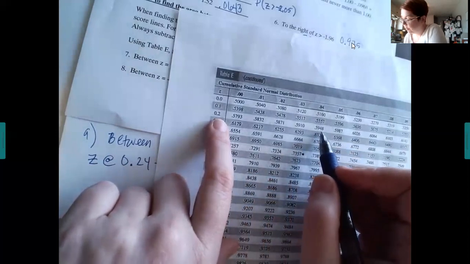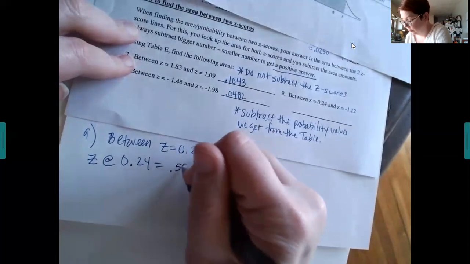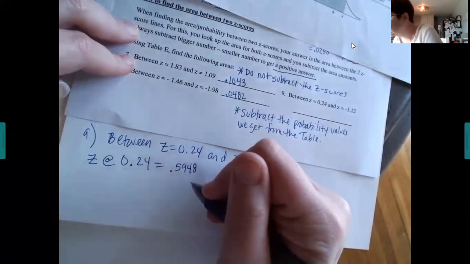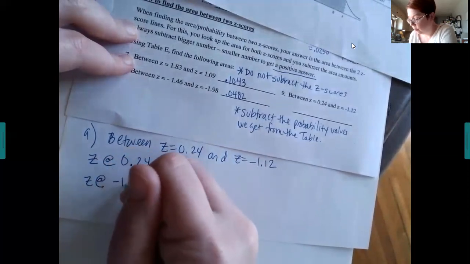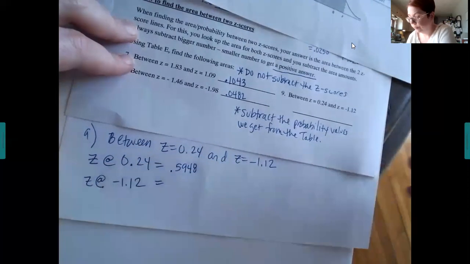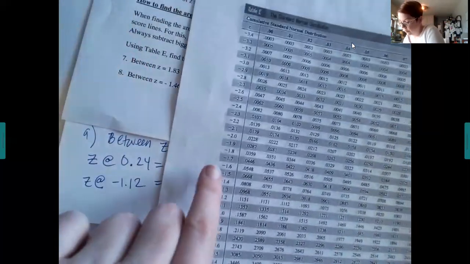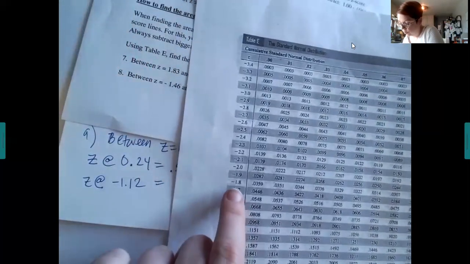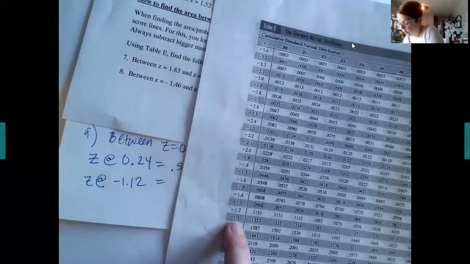So it looks like it's 0.5948. We look up z at negative 1.12. Make sure you're on the negative side. Negative 1.1 and then 2.